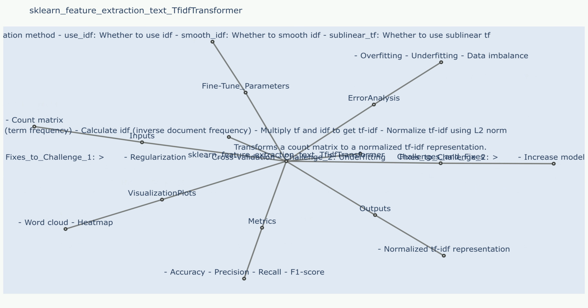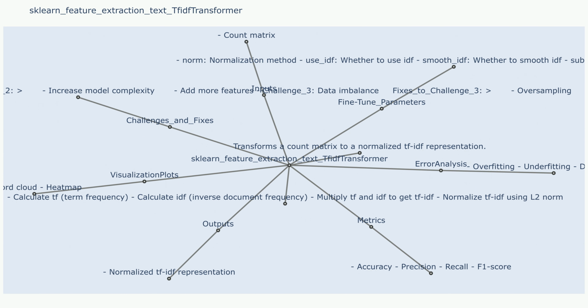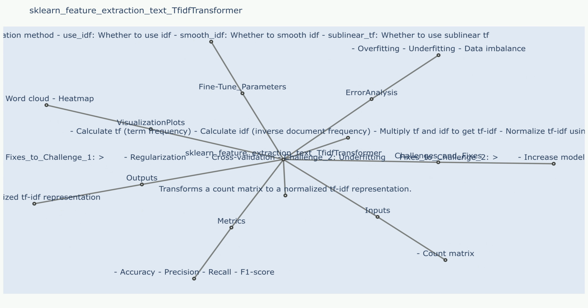Steps: term frequency. TF calculation calculates the frequency of each word in a document. This is simply the count of the word divided by the total number of words in the document. Inverse document frequency. IDF calculation calculates the inverse document frequency of each word in the corpus. IDF measures the rarity of a word across the entire collection of documents.